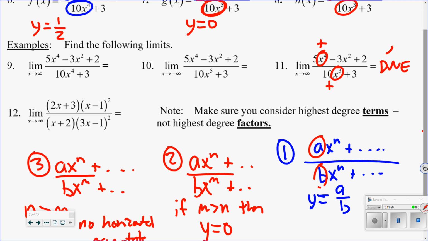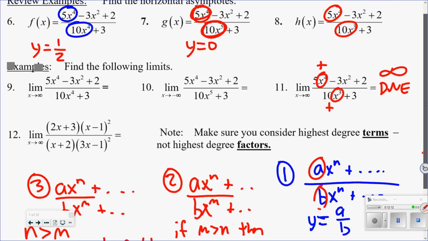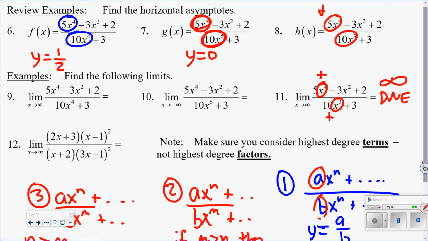So if you want to be more specific, we could say as x goes to infinity, it also goes to infinity. So there isn't a horizontal asymptote, but it does go to infinity.